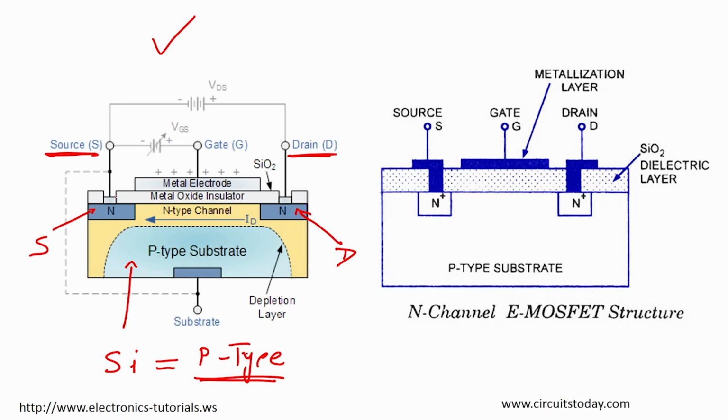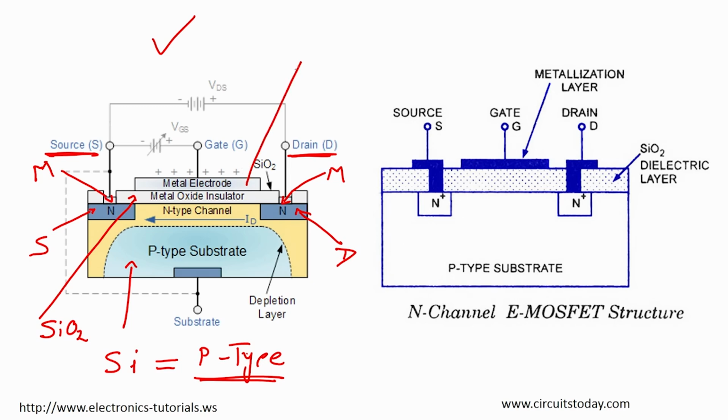After that I have a metal oxide, you see here, and this metal oxide is nothing but my gate oxide, which is SiO2. Then I have a metal here, because we need to connect it to metal to take out the external connection.